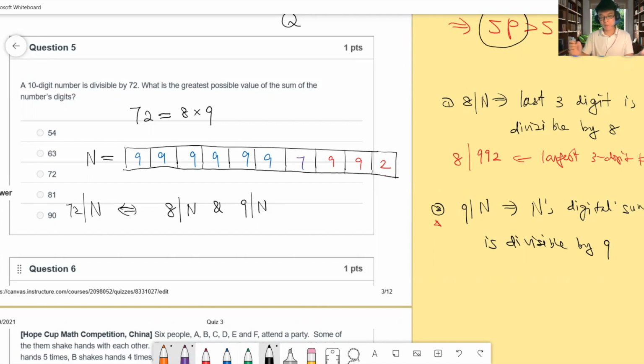And this gives the largest digital sum, and it's divisible by 72. So the answer corresponds to seven 9s plus 7 plus 2. Basically, we have 9 times 9, which is 81. The answer here is 81.